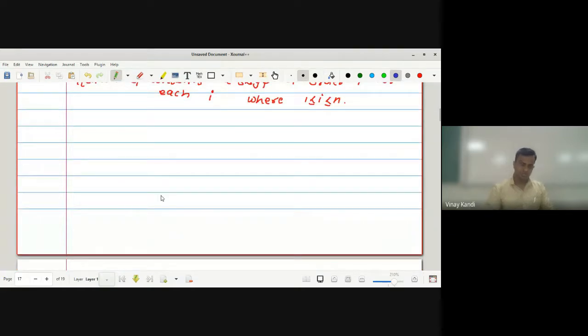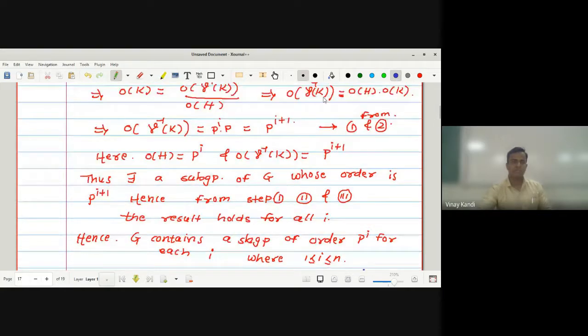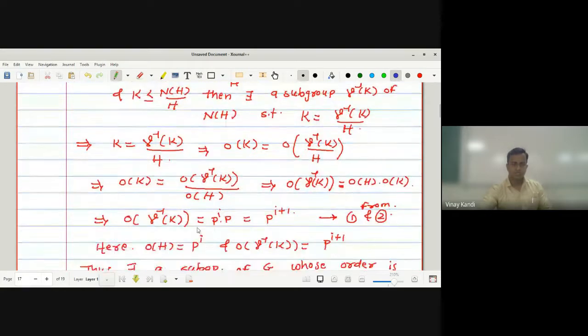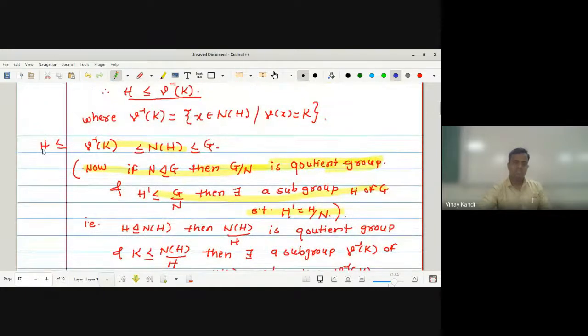Now the second part, part 2. From previous part 1, we have H is a subgroup of gamma inverse of K. Okay, we taken H is the subgroup of gamma inverse of K here.